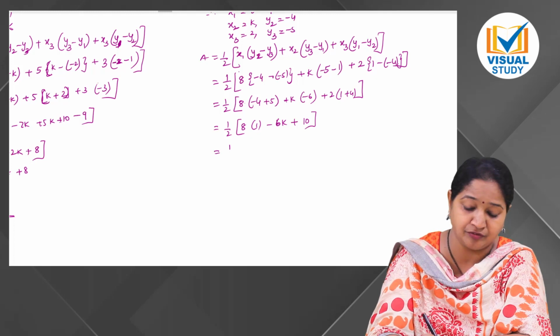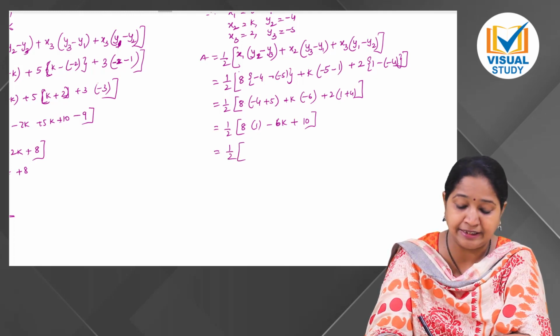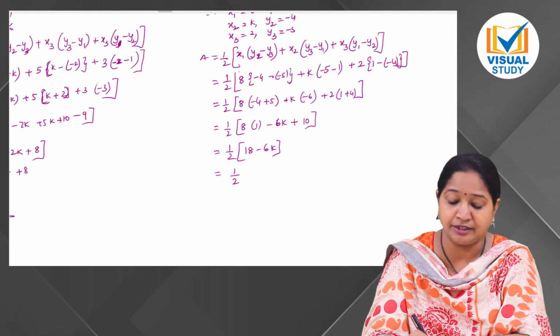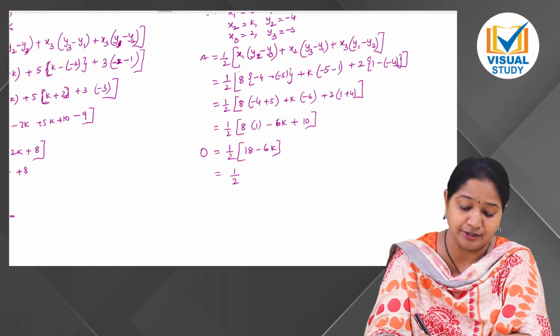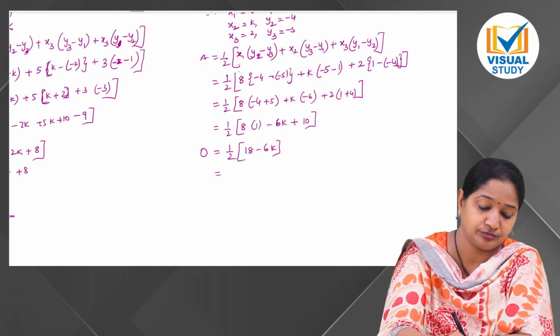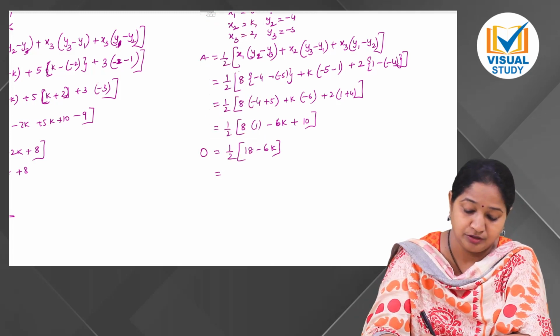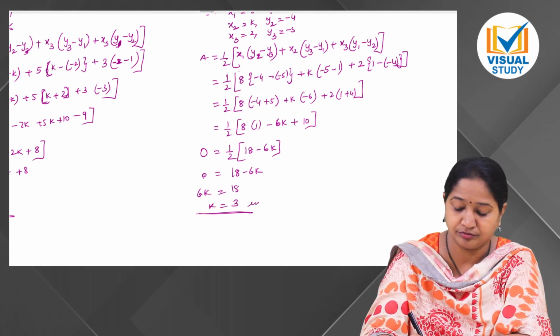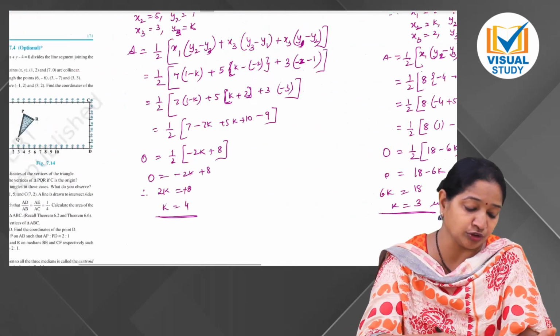And what you get is half, 8 plus 10, 18 minus 6k. Just take out the common thing. Otherwise just multiply this 2 by 0. And so you get only 18 minus 6k, and when you bring this 6k, you get 6k equal to 18 and k equal to 3 units. Okay, so this was your question number second.